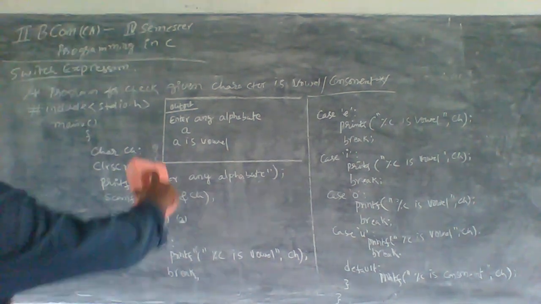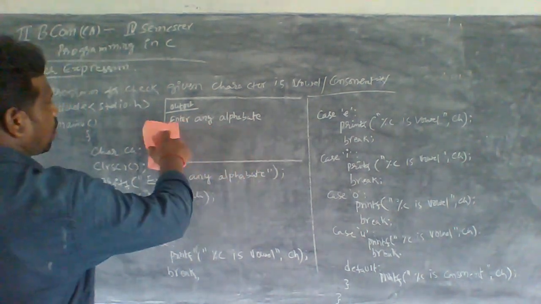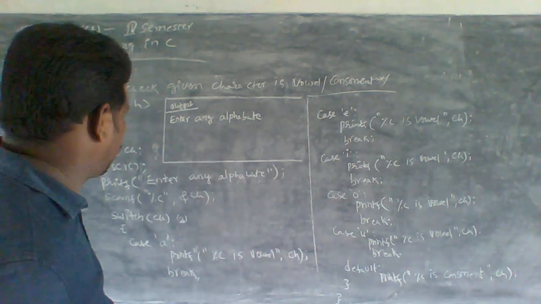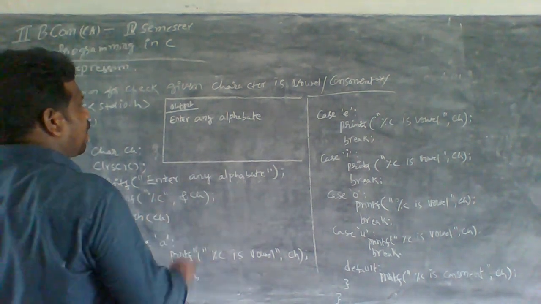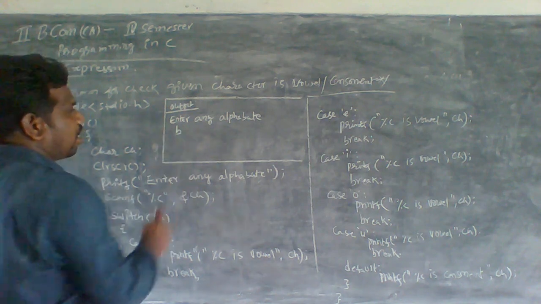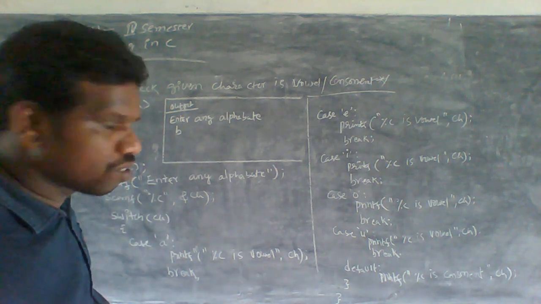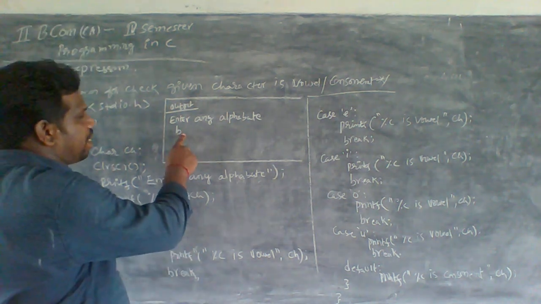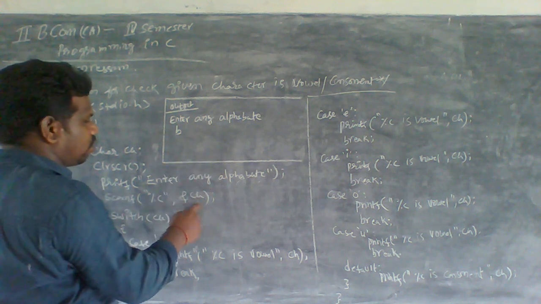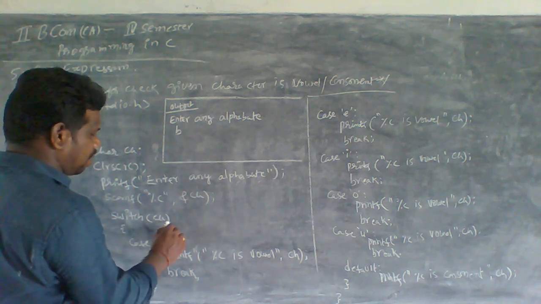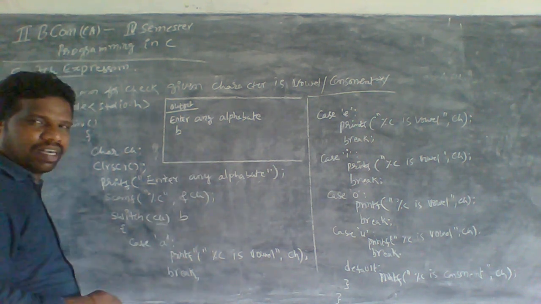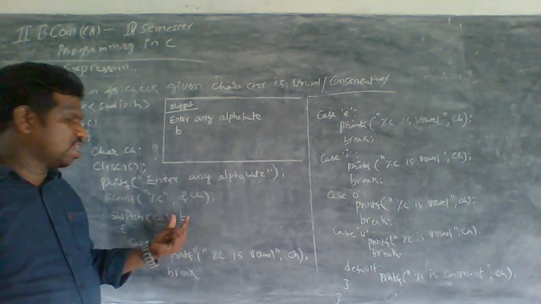The program again executes the same way with different values. For example, here we can enter the B value. Whenever I enter B, it is placed into ch. That means ch is nothing but B here, and it is the switch expression.